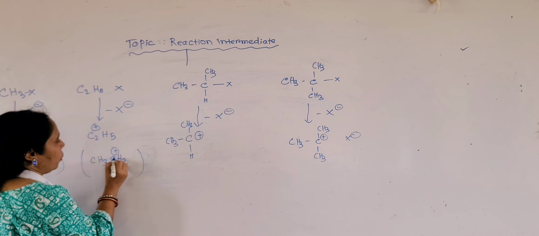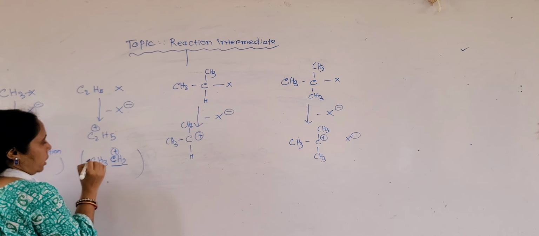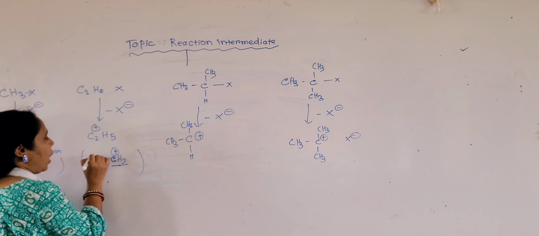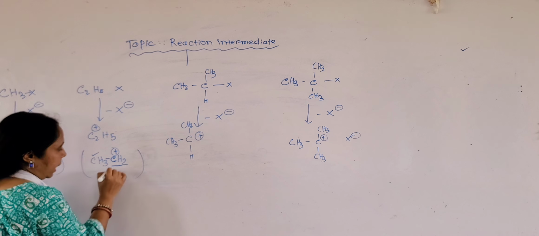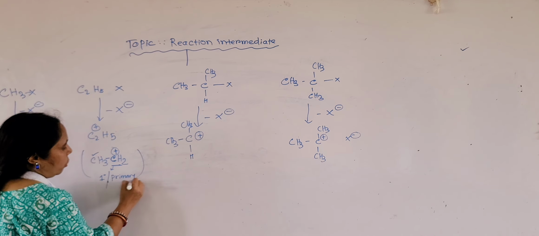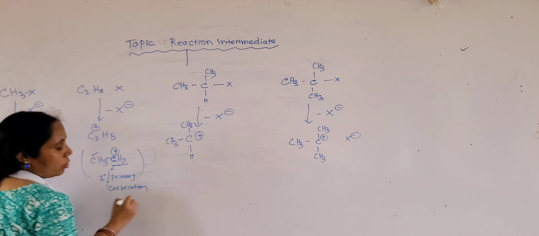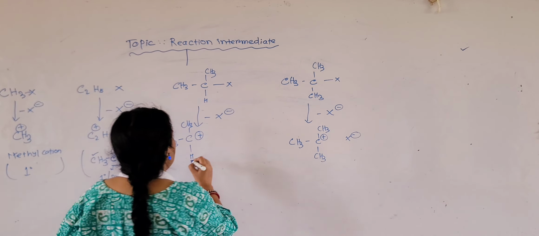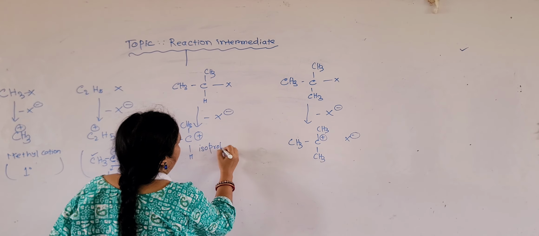This is the carbon where the positive charge is situated, and this carbon is attached to another carbon atom, so this cation is known as 1 degree or primary carbocation. Now we go for this one, which is the isopropyl carbocation.